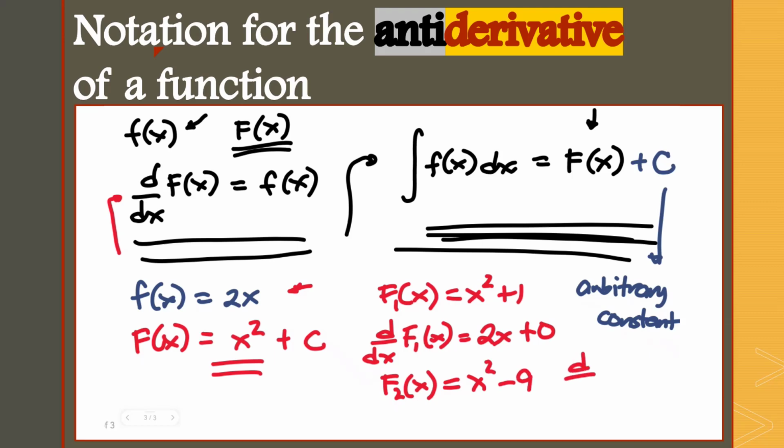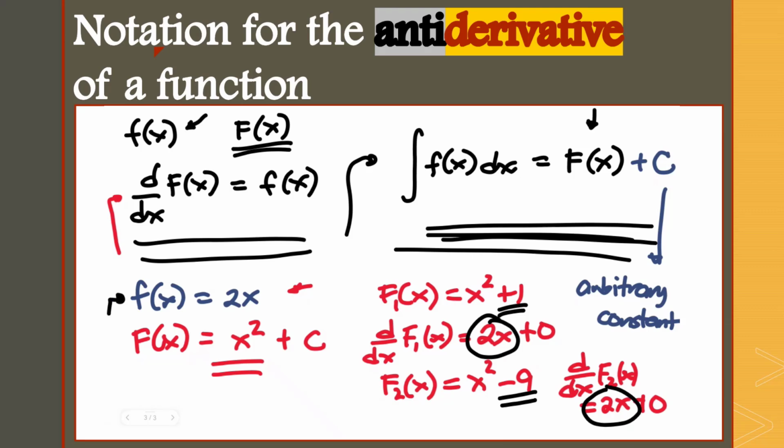Its derivative with respect to x would still be 2x plus 0. So we can see that even if we have plus 1 or minus 9, or any constant that you can think of, you can even use pi, we will always have the value of 2x for our derivative, which corresponds to the given function.